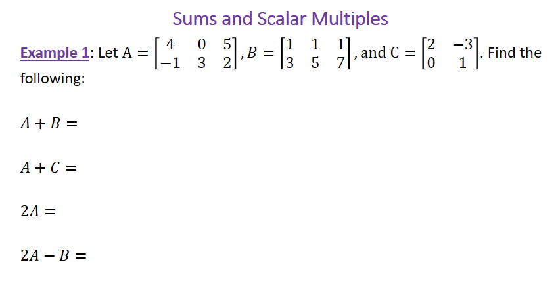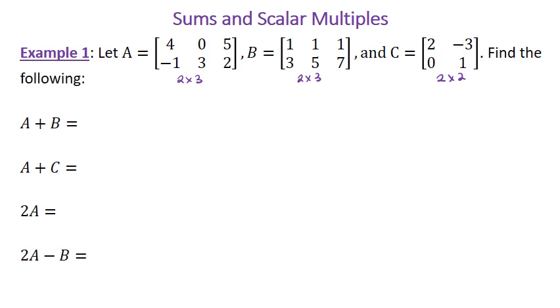So here is an example. I've given to you 3 different matrices. And remember, when you are finding the dimensions, there are 2 rows and 3 columns here, 2 rows and 3 columns, and 2 rows and 2 columns.